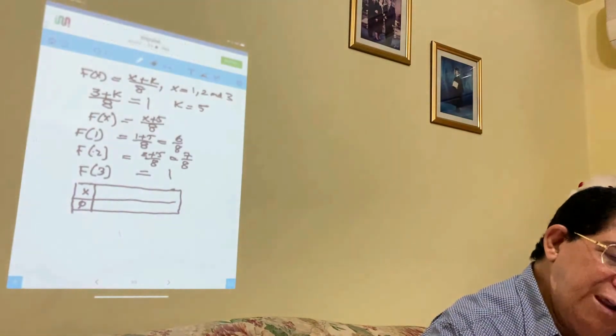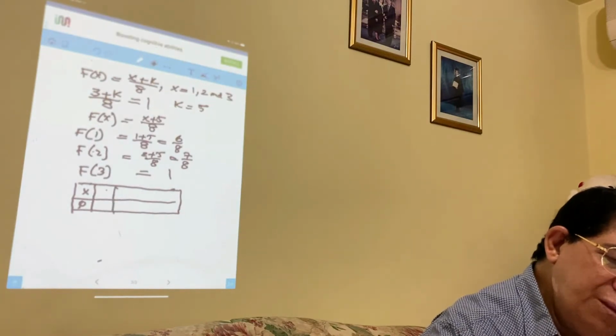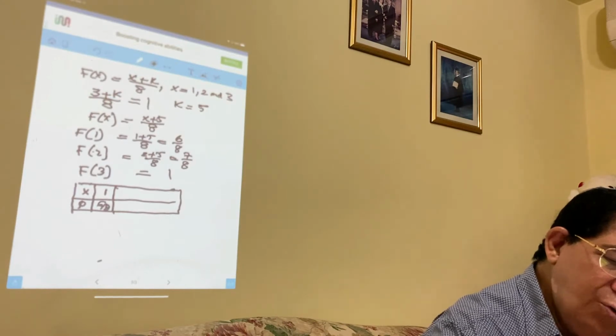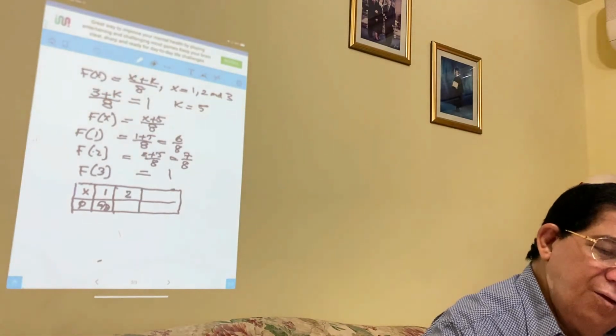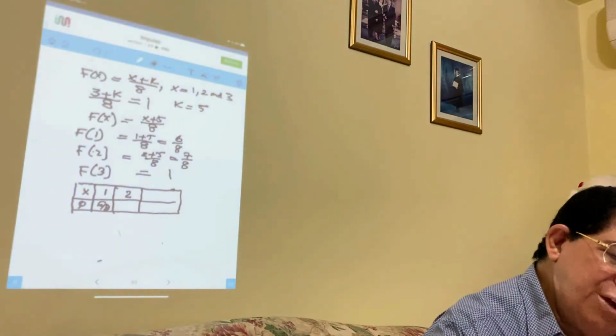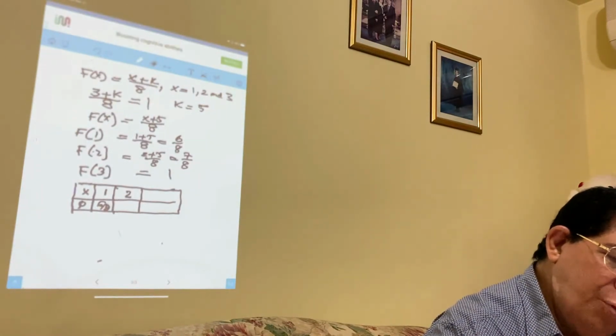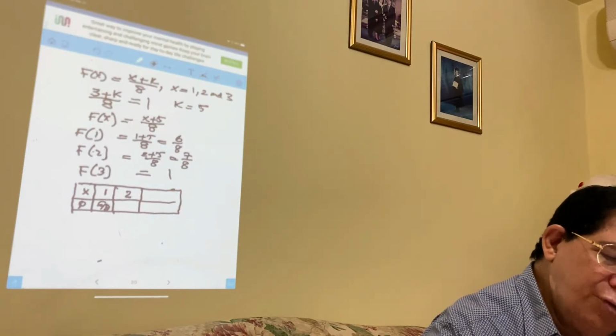Of course, when x has the first value, there is no previous value, therefore when x equals 1, the probability is 6 over 8. When x equals 2, we subtract 7 over 8 minus 6 over 8, because F(2) is the sum of the probability of 1 and 2. 1 and 2 equals 7 over 8, and the probability of 1 is 6 over 8.